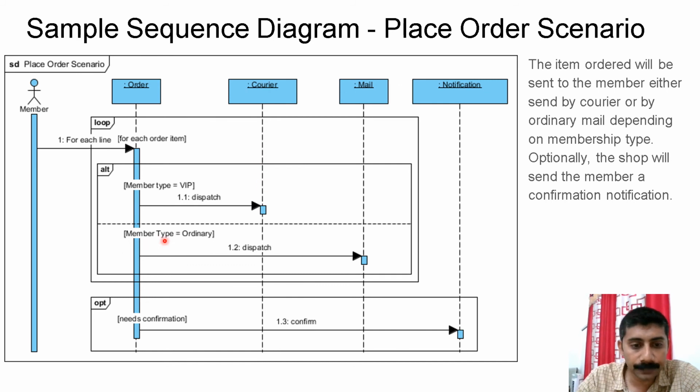If membership type is ordinary, then it will be dispatched using normal mail. That will be repeated for each item. After that, there is another optional fragment that will check need confirmation. If the user has opted for confirmation, then a notification will be sent to the user. So this is the scenario represented by the sequence diagram.